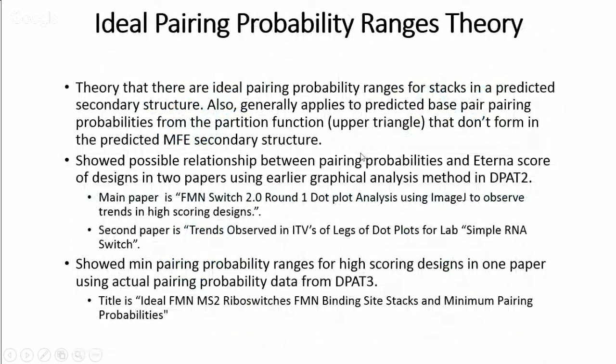So now we're going to talk about the ideal pairing probability ranges theory. This is a theory that there are ideal pairing probability ranges for stacks in a predicted secondary structure.